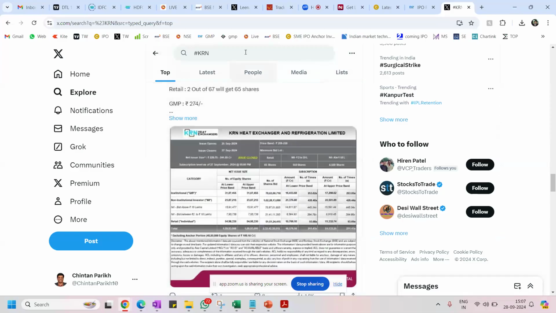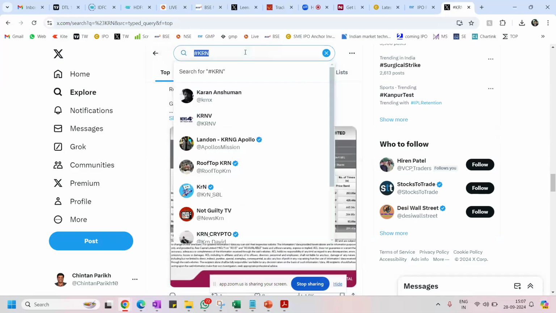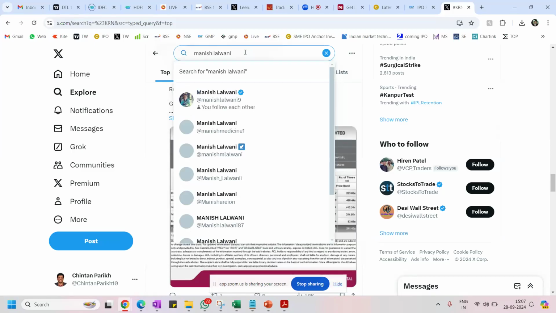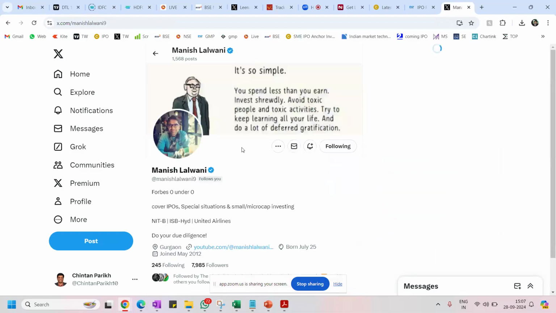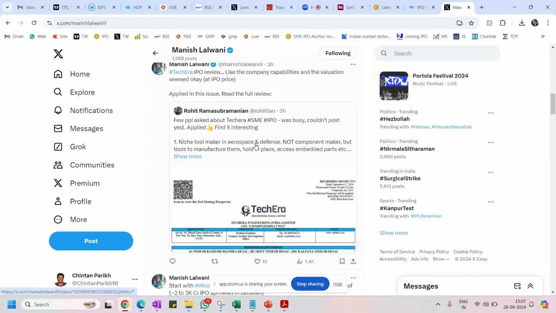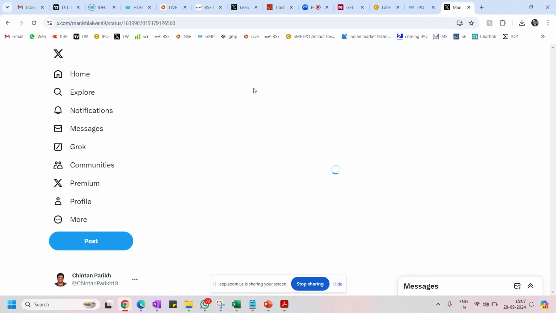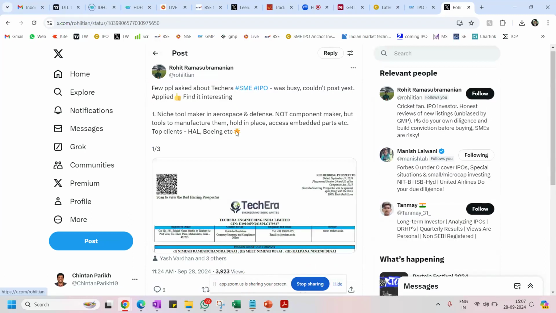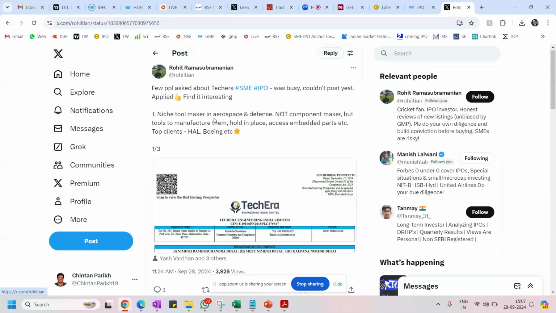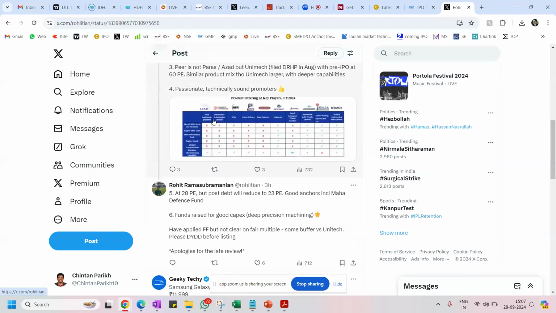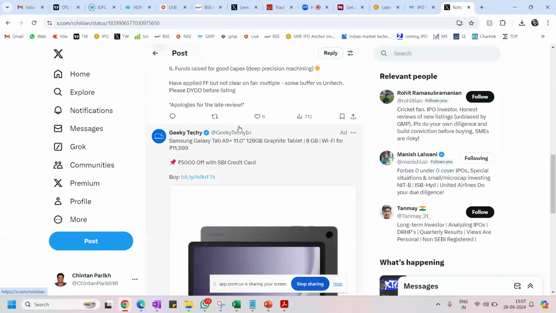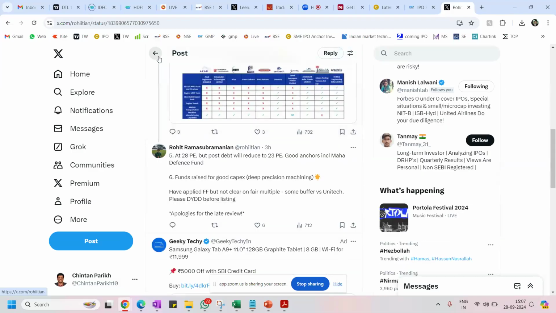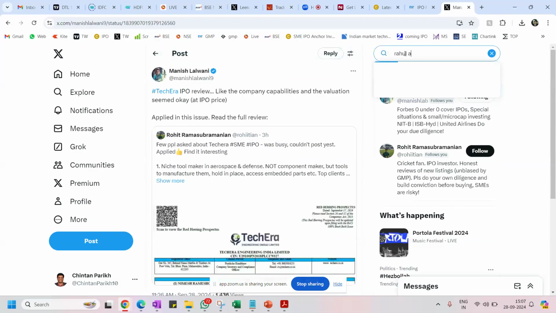For example, this guy does publish some information from time to time. See, for example, he has given a review of Tech Era over here. So this guy has given the Tech Era SME IPO review. Then there is Rahul Arya who publishes a one pager.